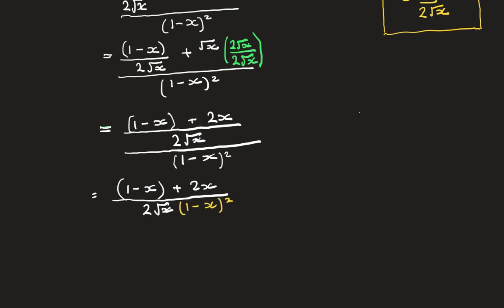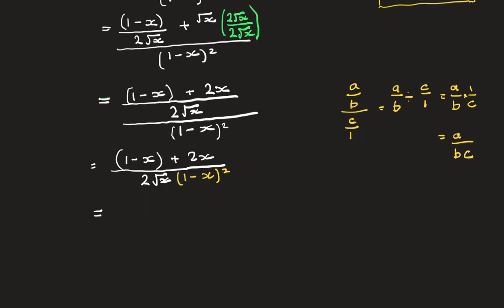Because if you recall, if I have two fractions that are divided by each other, so like a over b divided by c over 1, which really means that I can now change the sign and just write a over b times 1 over c, which is equal to a over bc.